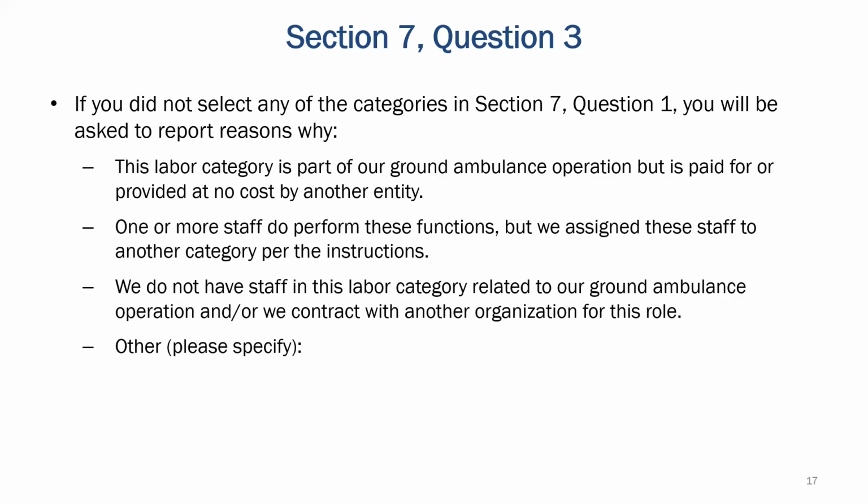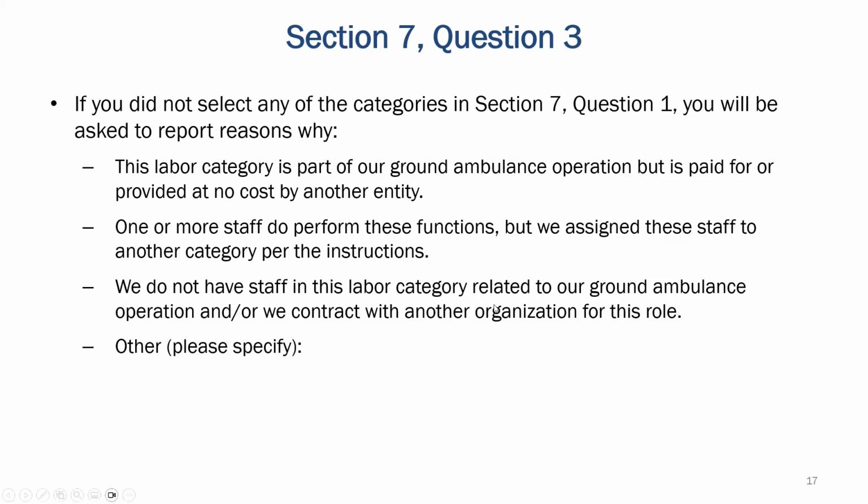In other cases, you'll have staff in a category, but following the rules and instructions in Section 7, you would have categorized staff that perform that function somewhere else. For instance, if all of your administrative staff also go out on calls, following the instructions, you would have reported all of those individuals as EMTs and not reported anyone as administrative staff, which seems odd, but you can respond here and tell CMS that, well, we do have staff that perform those functions, but we followed the instructions and reported them elsewhere.